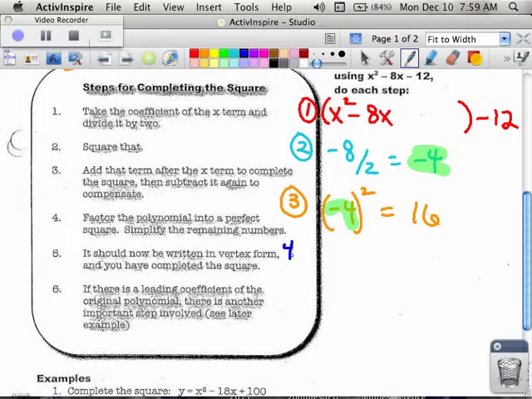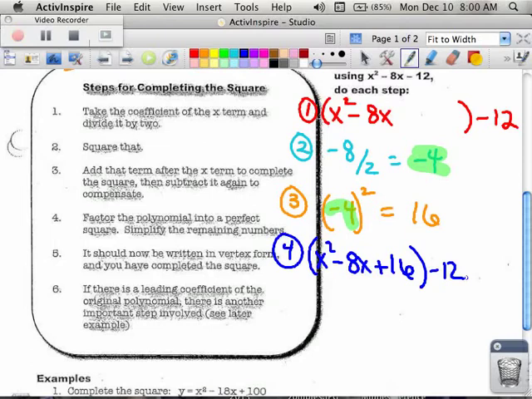Step 4, we're going to rewrite that parentheses now, and we're going to put in what we got in step 3 in the parentheses and outside the parentheses. So now I see this, x squared minus 8x, and then I had a positive 16, so I have plus 16, and there was a minus 12.